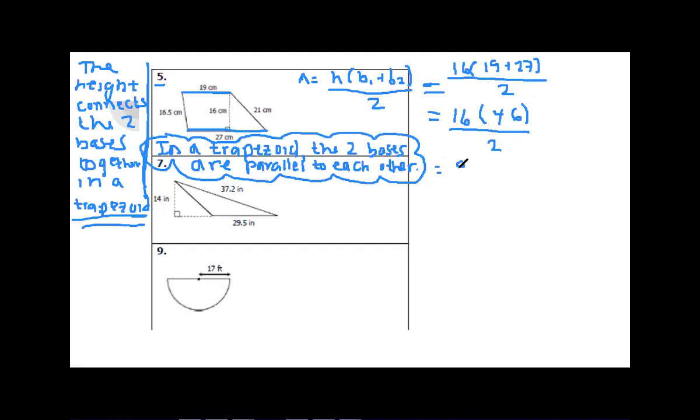This is really doing 8 times 46. 8 times 46 gives me a solution of 368. And we're using centimeters here, 368 centimeters squared.